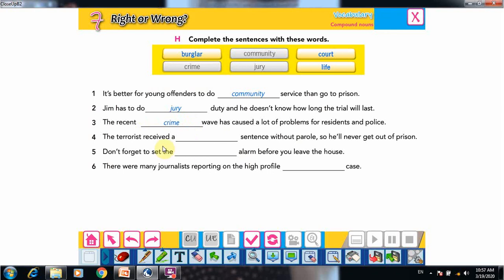Crime wave. The terrorist received a sentence without parole, so he will never get out of prison. So, life sentence. Don't forget to set the alarm before you leave the house. It's called burglar alarm, and there are many journalists reporting on the high-profile court case.